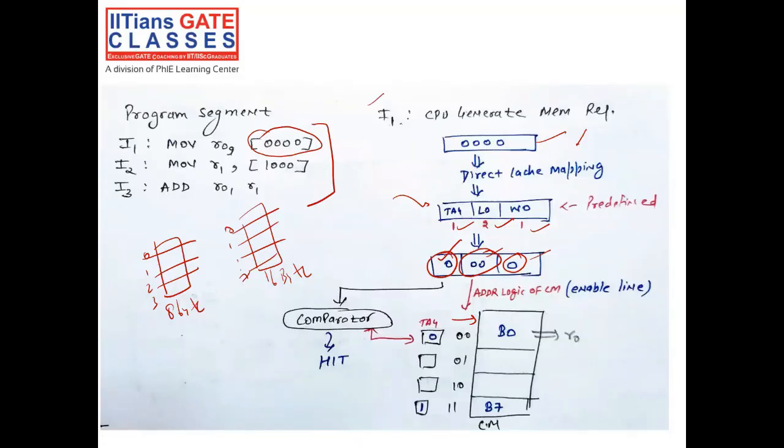If the tag bit of this CPU generated request and the tag bit that exists in the cache memory are the same, then we can say hit. Whatever request I am asking already exists in the cache memory, so no need to go further, right?